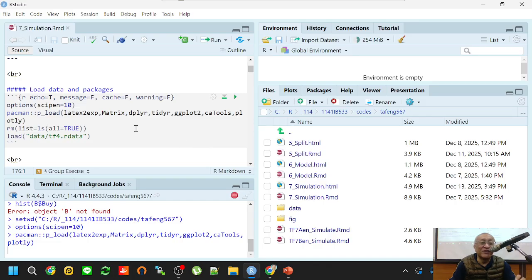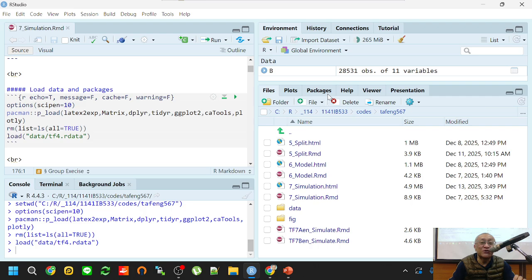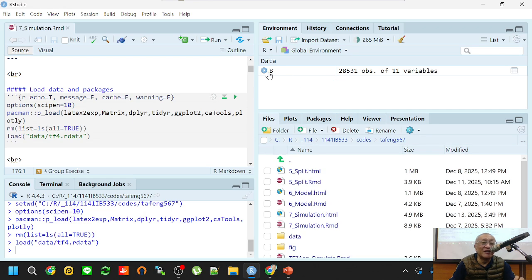If you have all of the packages installed, it loads a data frame called B, capital B. Anyone get here? Okay. Under this B data frame, there are 2A531 observations. What is the observation?